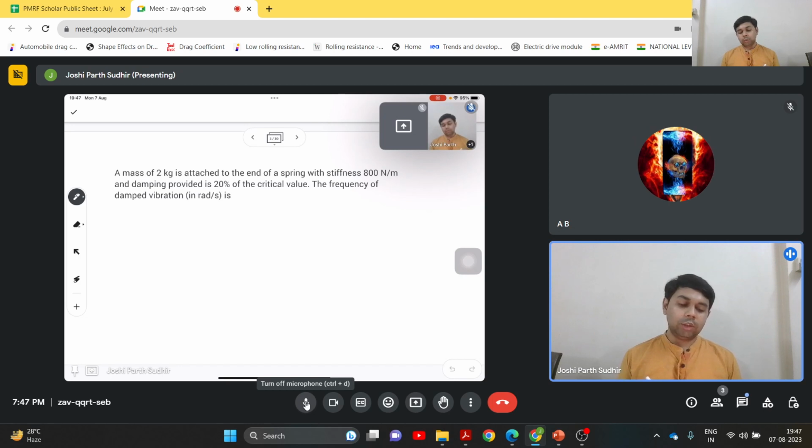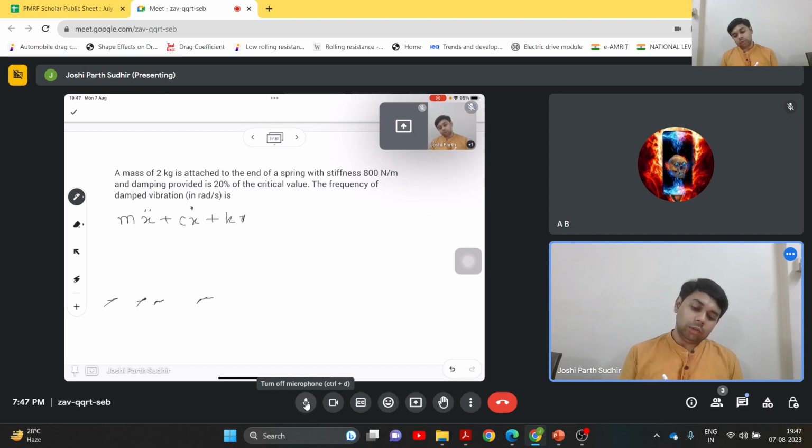So we have the next question where a mass is attached to the end of a spring whose stiffness is given, and the damping provided is 20% of the critical value. Then what is the frequency of damped vibrations? If we write down the general equation of motion, it can be written in the form of Cx dot plus Kx is equal to 0.